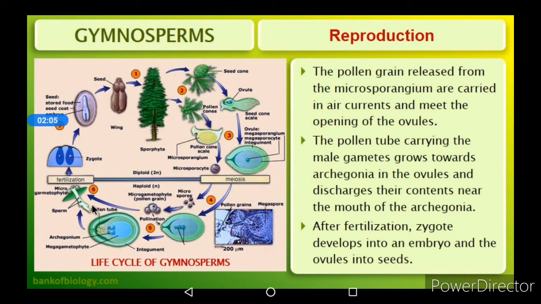After the male and female meet each other, fertilization occurs. After fertilization, here you can see the zygote develops, which will again develop into the embryo, and the ovule into seeds. So this is the life cycle of gymnosperm. You have to keep in mind the dominant phase is the sporophyte.